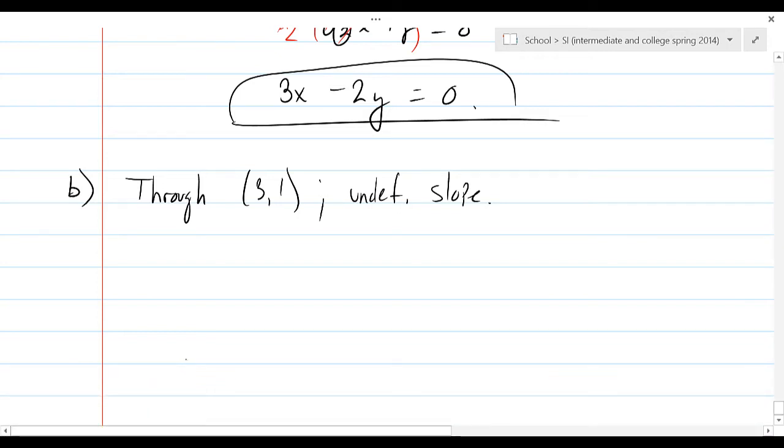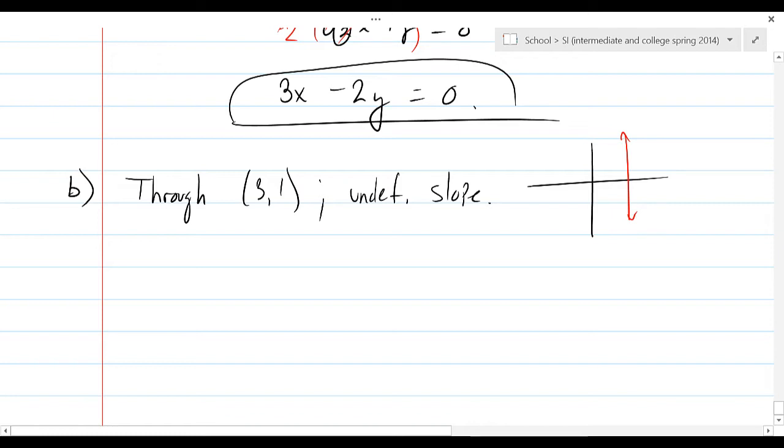Undefined slope. Well, what we have to do is think. I know, that's so hard. Just kidding. What do we know about undefined slope? How does that relate to us? Well, earlier on we learned about vertical lines, and we learned that vertical lines had undefined slope.